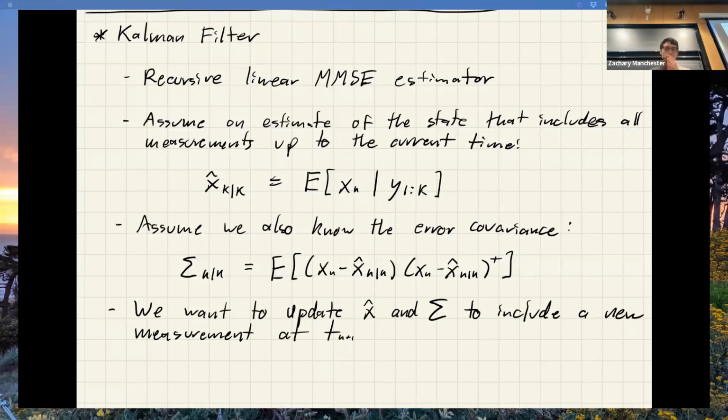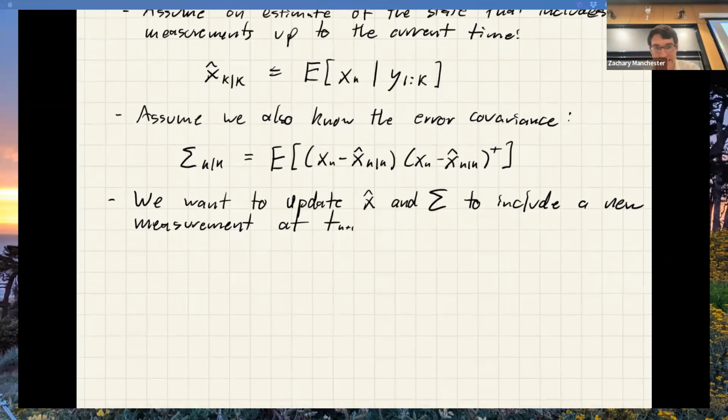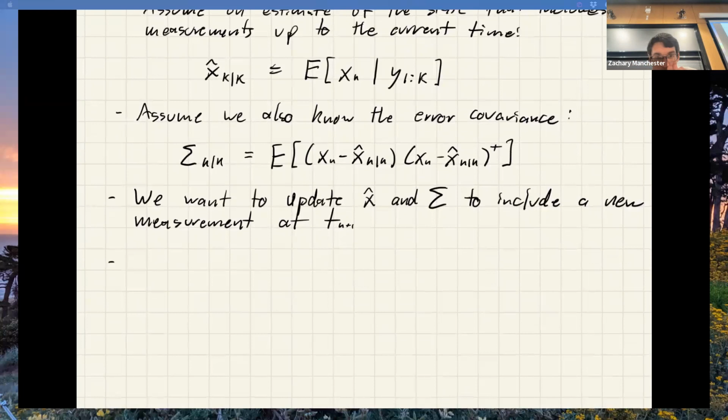And there's actually a very long history of this sort of thing, recursive least squares, that sort of lineage that predates the Kalman filter idea. Okay, so we're going to break this update procedure down into 2 steps.